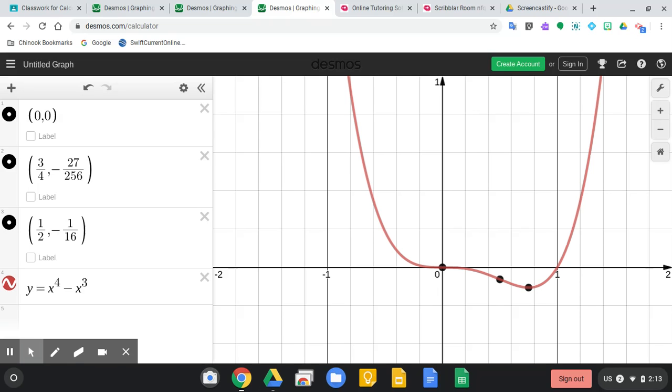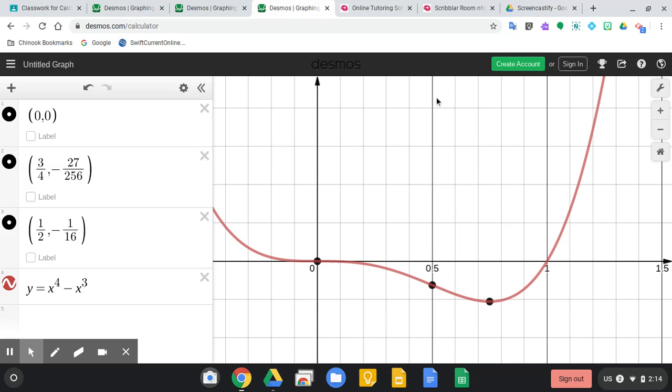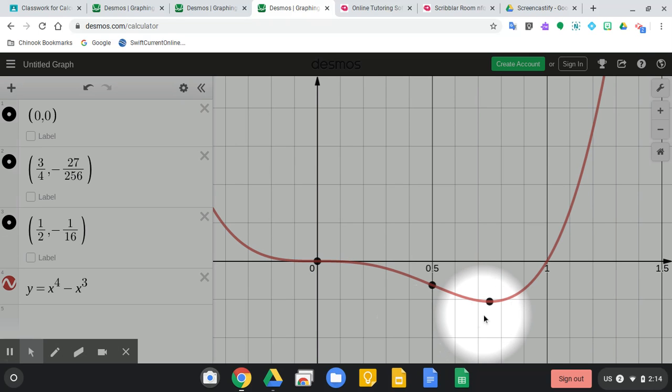So now what I'm going to do is zoom in on this a little bit. I just want to be able to focus on this area. So let's get my spotlight here, and hopefully this helps. This point was a minimum, and because this was a minimum, it has to have a concave up shape to it. This point was our inflection.